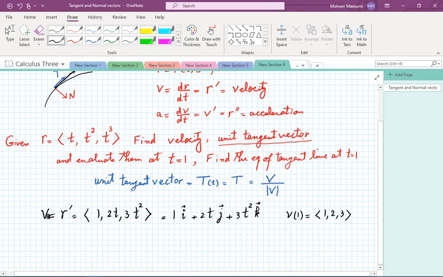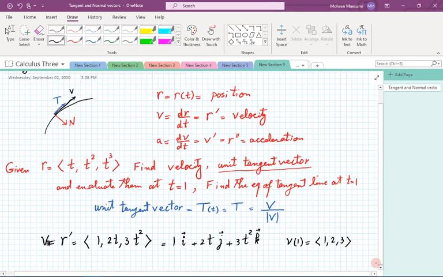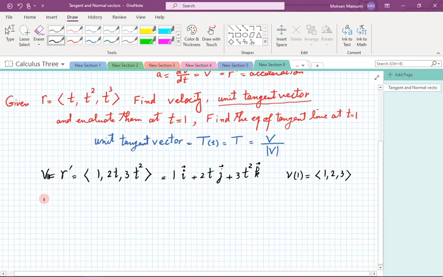What if I want to find the unit tangent vector? The unit tangent vector T at any time t is going to be v divided by how big v is. So v is still 1, 2t, and 3t squared. And you remember how to find the length or the norm of a vector. That's just like the Pythagorean theorem: these are the sides and you're calculating the hypotenuse or the diagonal.